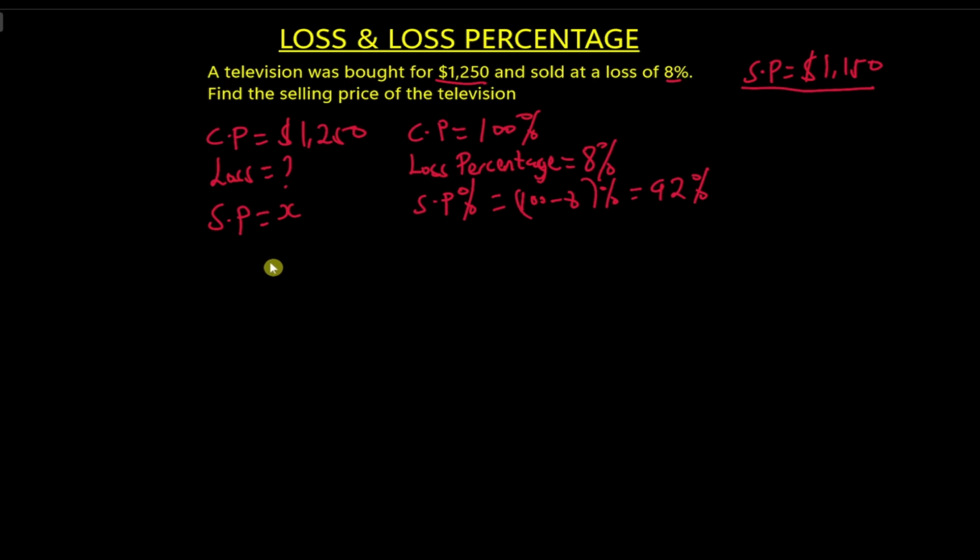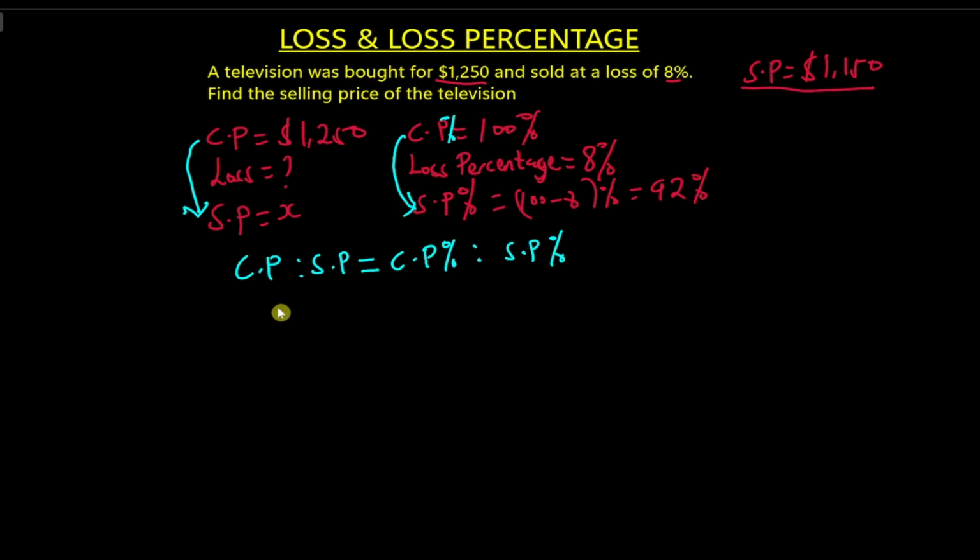Now we have these. So now here comes the ratio. You are going to make a ratio of the cost price to the selling price, and also the cost price percent to the selling price percent. So the cost price to the selling price is equal to the cost price percent to the selling price percent.